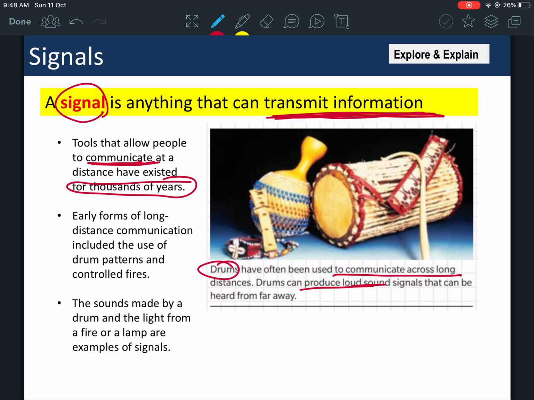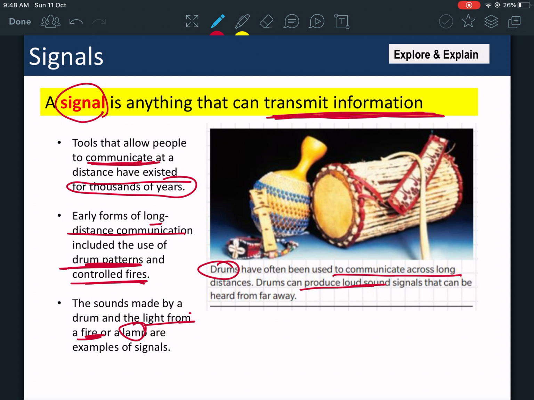Also fire, and after they created lamps, big beam lights have been used to communicate. Early forms of long-distance communication included the use of drum patterns and controlled fires. So that's way before. That's the history.